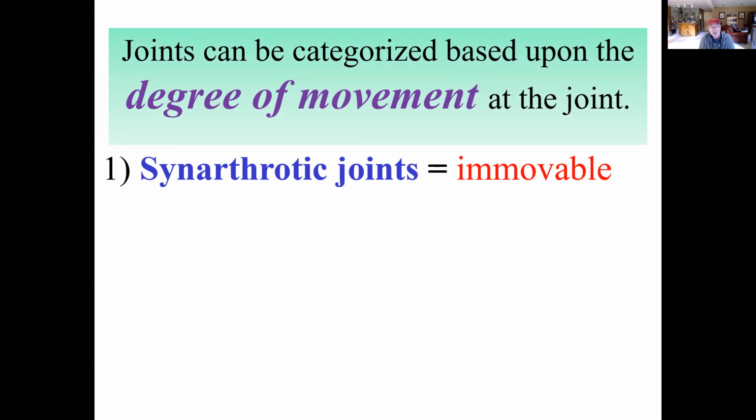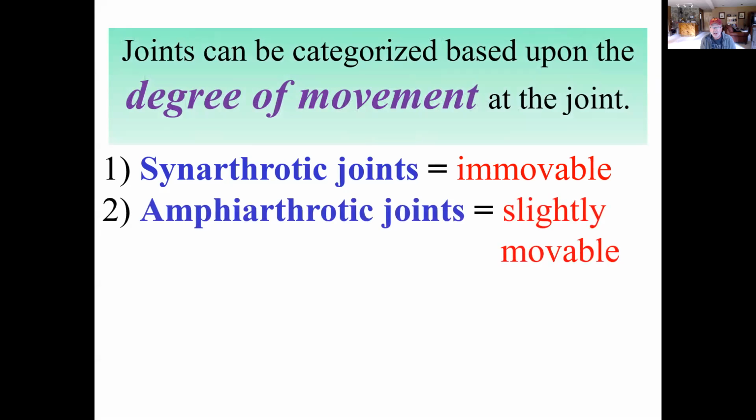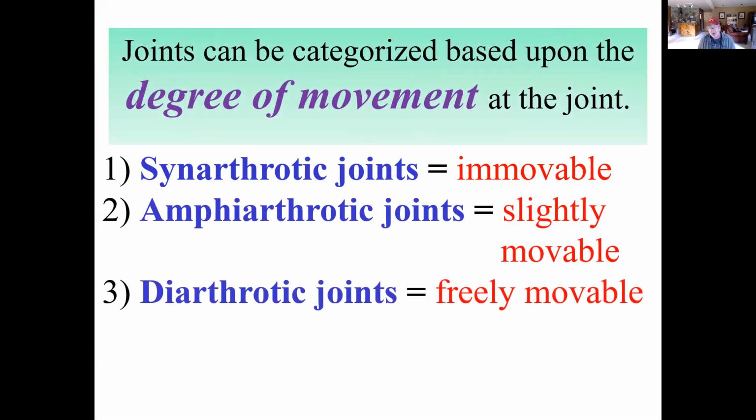But again, we're just looking at the degree of movement from a functional standpoint. Amphiarthrotic, defined as slightly movable. And then the third one that I mentioned a few moments ago, like our hip joint, our ankle, our knee, shoulder, those are diarthrotic joints or freely movable joints.